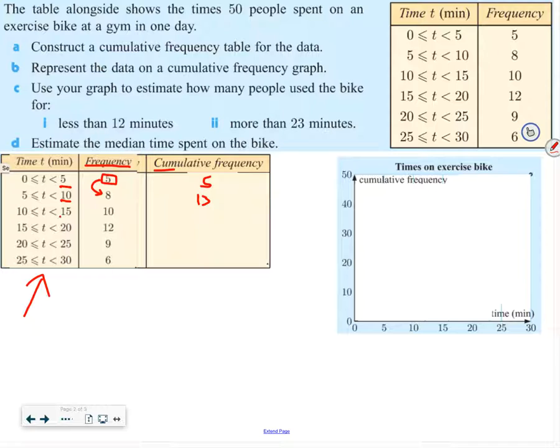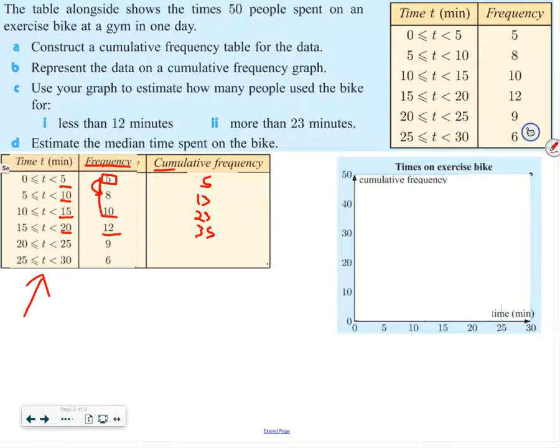Well, how many people stayed up until 15 minutes? We take the 13 before, add it to the 10, and we get 23. Now how many people stayed on up till 20 minutes or less? We take the 23 from the previous ones, add it to the 12, and we get 35.